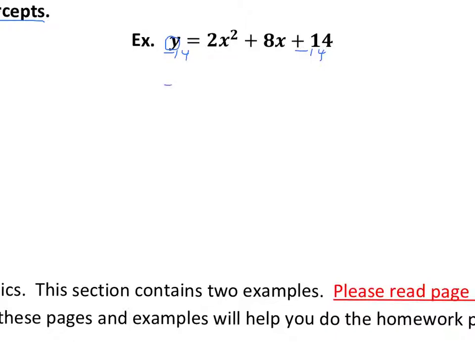So we get negative 7 equals x squared plus 4x. And now we're ready to complete the square. So half of 4 is 2. Write it down. 2 squared is 4. So we get 4 minus 7 is negative 3. And x squared plus 4x plus 4 is x plus 2 squared.